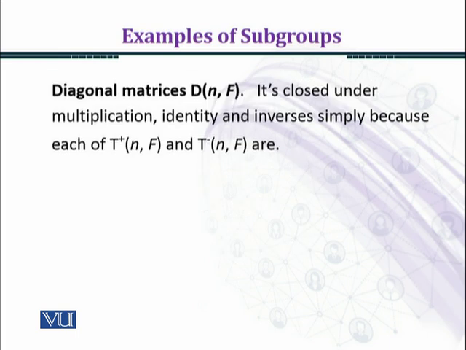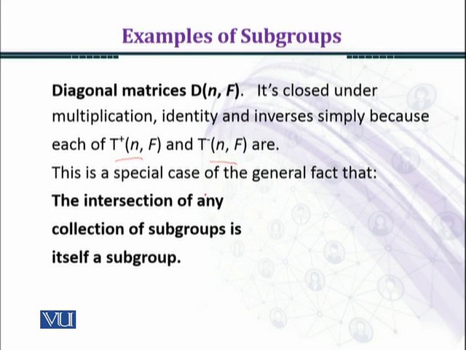Now we see some more subgroups of GL_n(F). Diagonal matrices D_n(F) are closed under multiplication, identity and inverses simply because each of T_n^+(F) and T_n^-(F) is. This is a special case of the general fact that the intersection of any collection of subgroups is itself a subgroup. You can see that D_n(F), the set of all diagonal matrices, is the intersection of upper triangular matrices and lower triangular matrices.